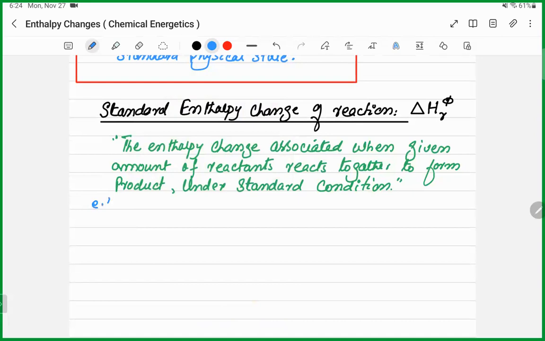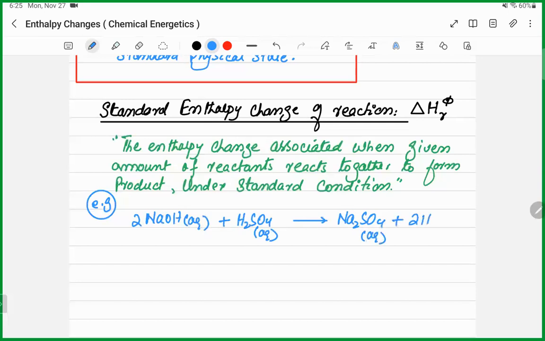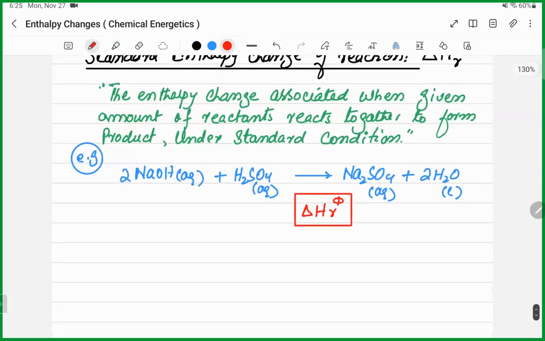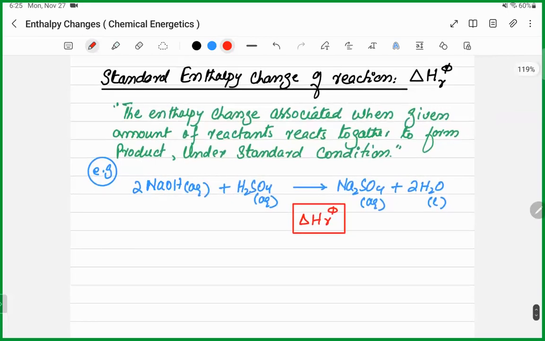As an example, you can write any chemical reaction like 2 moles of NaOH aqueous reacting with H2SO4 aqueous forming Na2SO4 aqueous plus 2H2O liquid. Okay? And the enthalpy change associated is called delta HR, standard enthalpy change of a reaction. Any enthalpy change when a given amount of reactants react together to form product under standard condition.